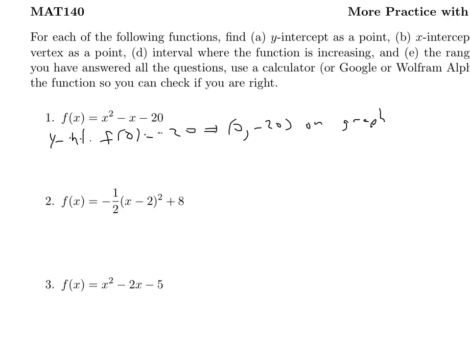The vertex is also easy when it's in this form. The vertex x-coordinate is always minus b over 2a. Again, thinking of a equals 1, b equals negative 1, c equals negative 20.